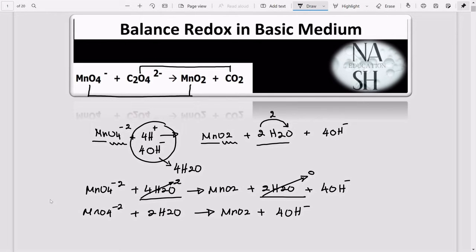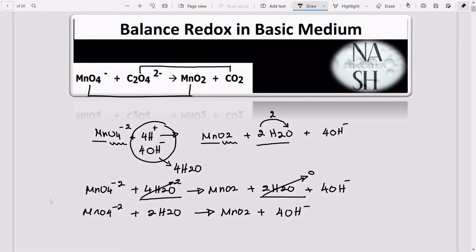So we can see now all elements are completely balanced. I have 1 Mn in both sides. I have 4 hydrogens in both sides, and I have 2 oxygen here and 4 oxygen there. So this is total of 6 oxygens in both sides. So the only thing left here is to balance the charge.